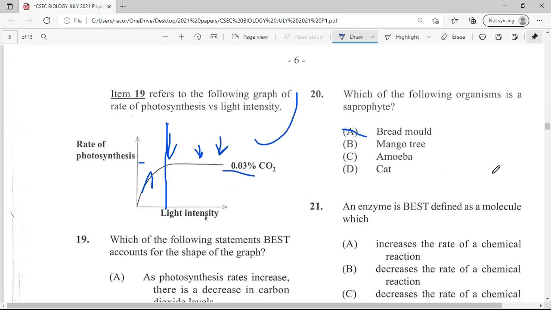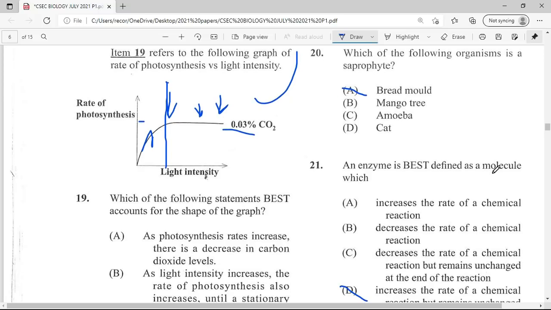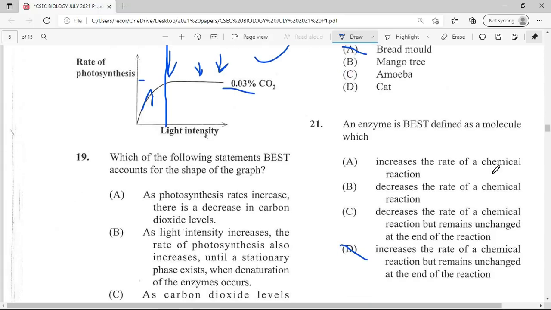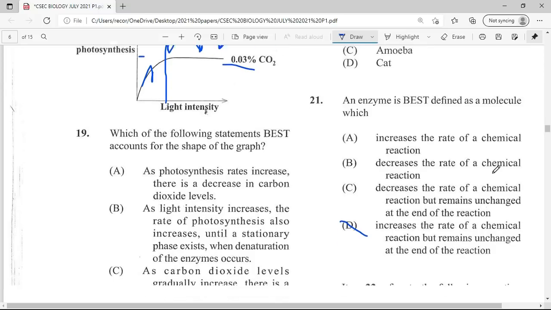So the question wants us to look at which of the following statements best accounts for the shape of the graph. Now, A: as photosynthesis rate increases, there is an increase in carbon dioxide. No. B: as light intensity increases, the rate of photosynthesis also increases until a stationary phase exists. No.